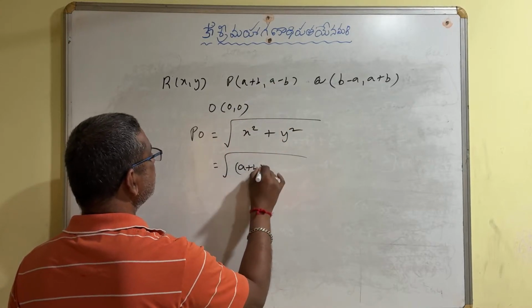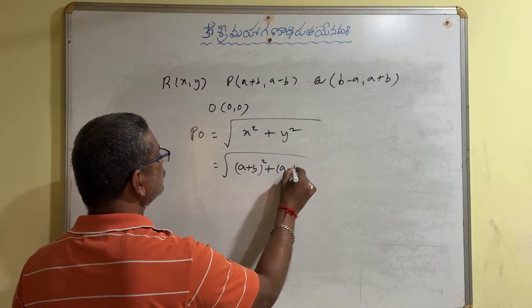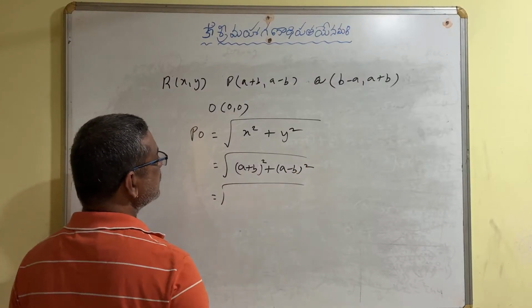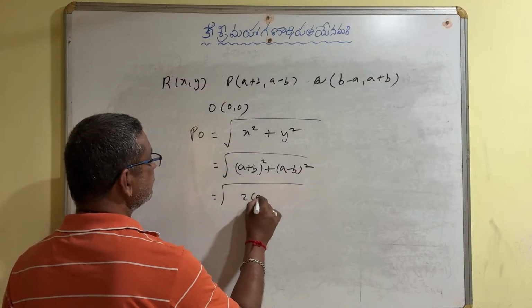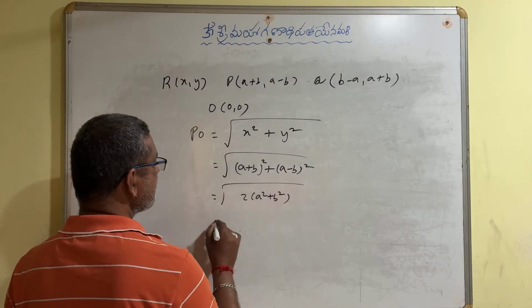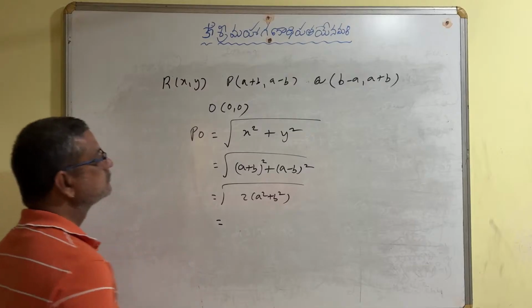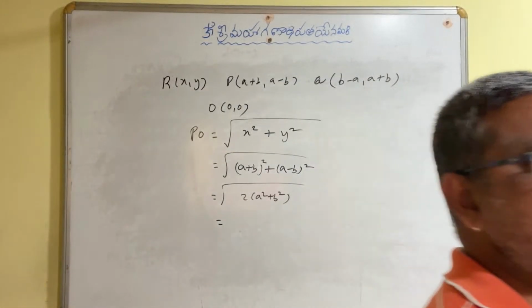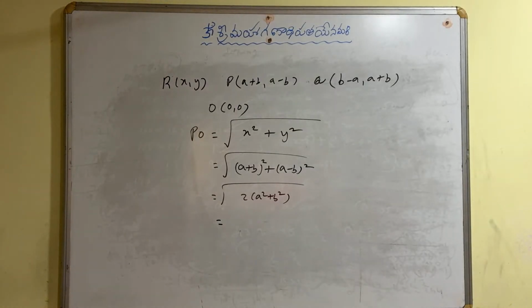So the answer will be root over (a plus b) whole square plus (a minus b) whole square, which comes to 2 times of (a square plus b square). So the distance of P from origin is root over 2 times of a square plus b square.